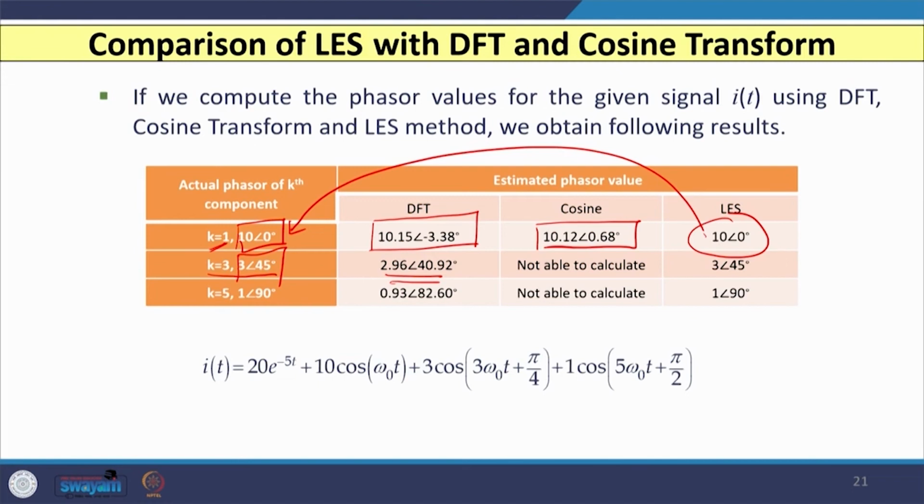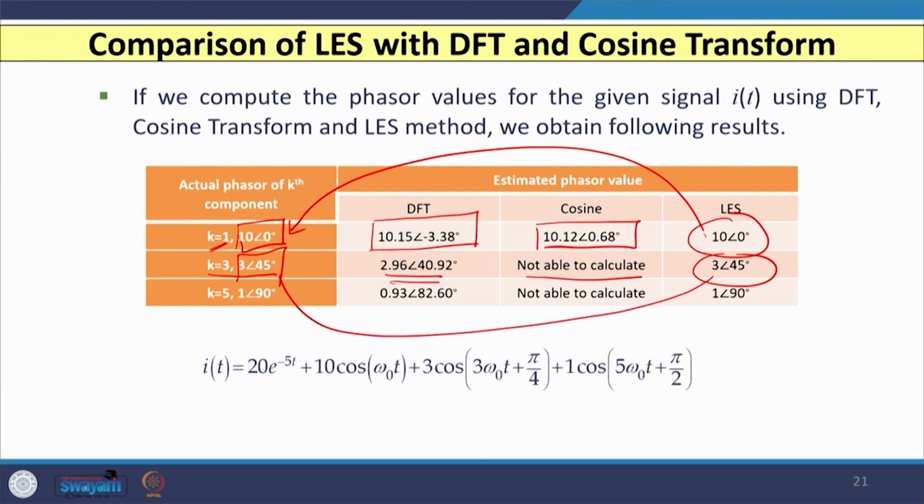However, as we have discussed, the cosine transform is applicable only for the fundamental component. If we want to apply it for third and higher order harmonics, it is not able to calculate the phasor value, so it is unable to calculate this value. Whereas, if I use the LES algorithm, the value obtained for the third harmonic is exactly the same as 3 angle 45, the actual value.